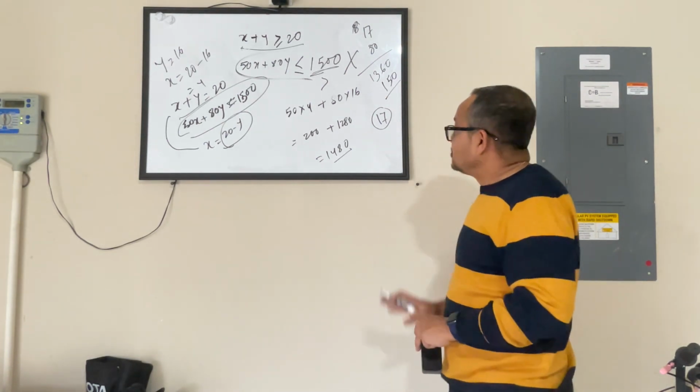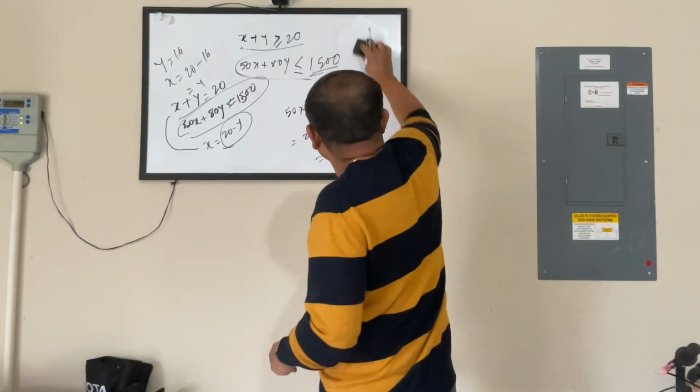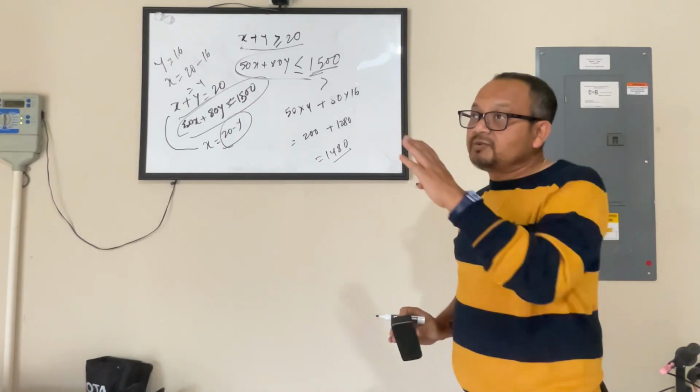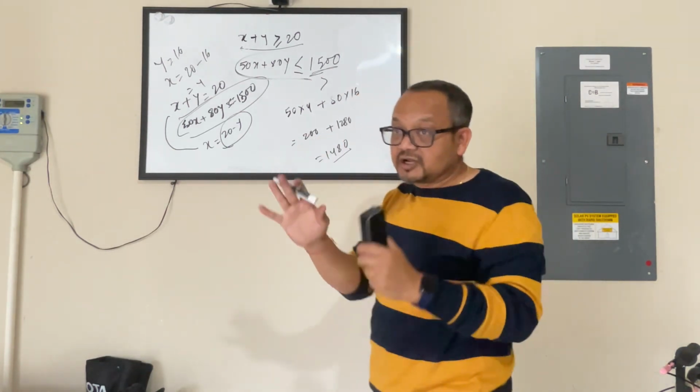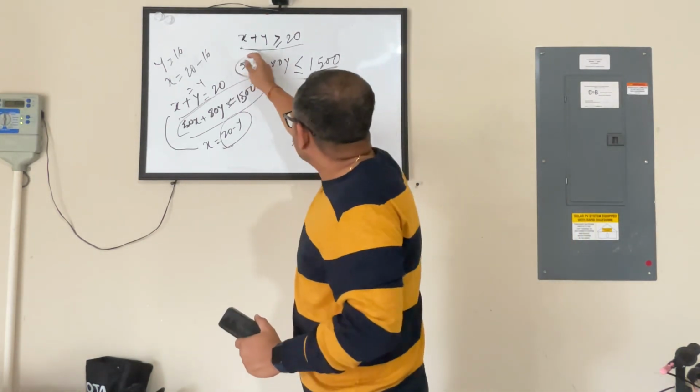So basically the summary here is, when you have two equations to deal with inequality, assume it to be equal, find out the solution, and that becomes your borderline case, which you will use for validating here.